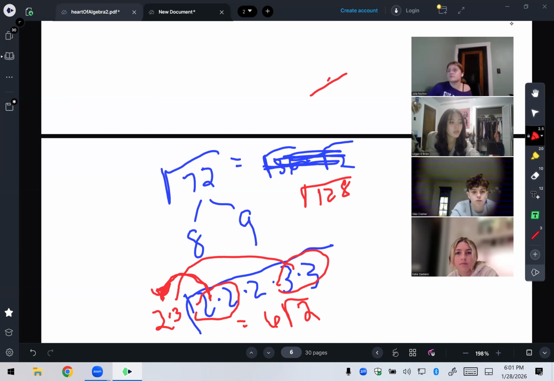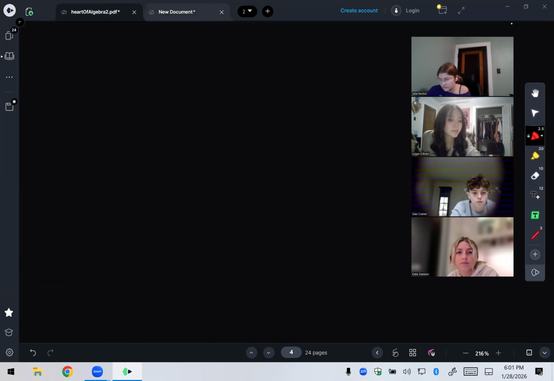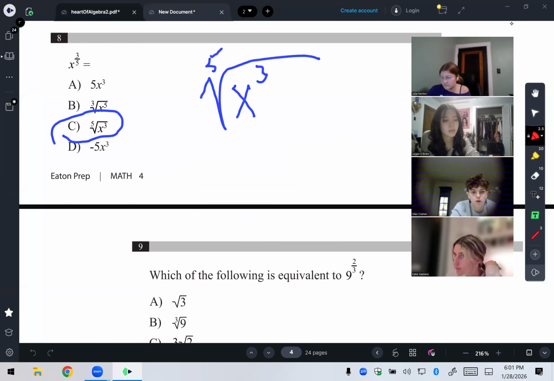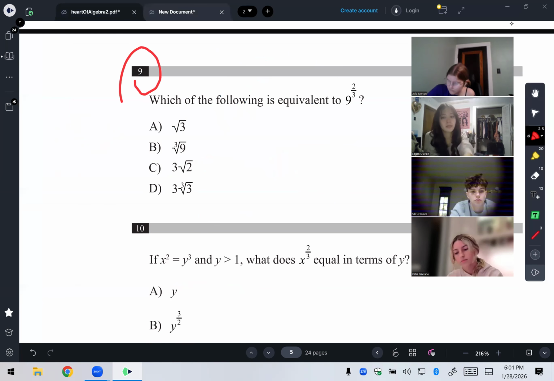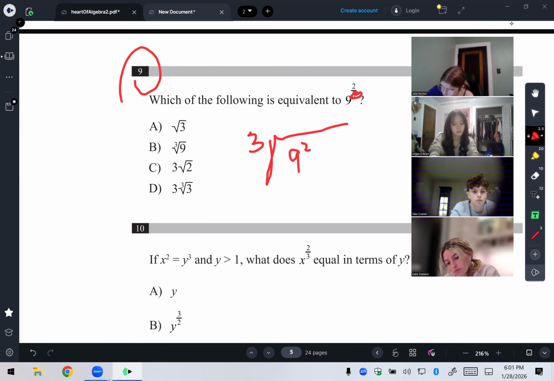So if we go back to the packet, we're going to number 9. So 9 to the 2/3. I know to do down and out. That'll be the cube root of 9 squared, which is the cube root of 3 times 3 times 3 times 3.